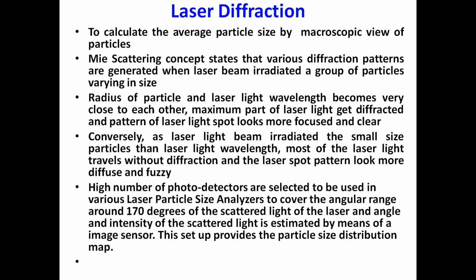You know, I discussed this Rayleigh Mie scattering when I was talking about NMR, so I hope everybody knows about it. When the radius of the particle and the laser light wavelength become very close to each other, the maximum part of the laser light gets diffracted and the pattern of the laser light spot looks more focused and clear. Conversely, when the laser beam irradiates a small particle, most of the laser light travels without diffraction, and the laser spot pattern looks more diffuse and fuzzy.